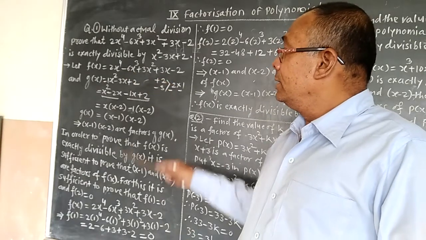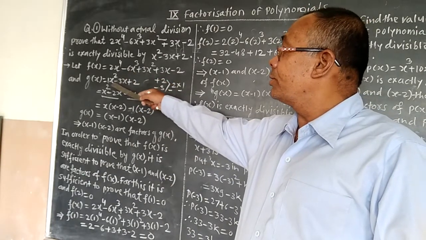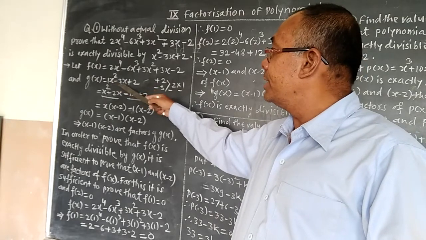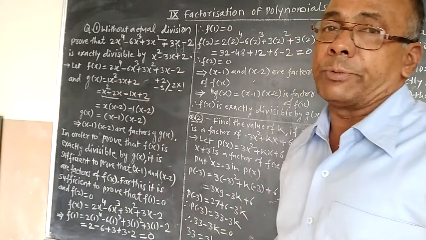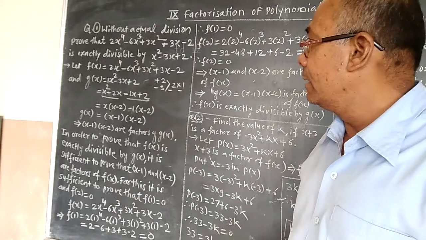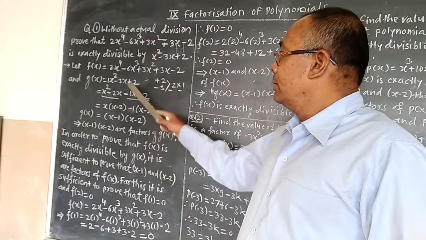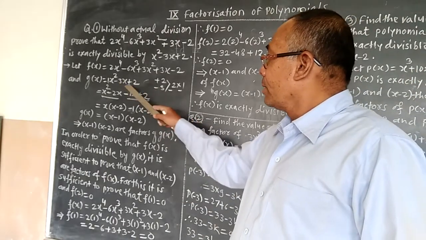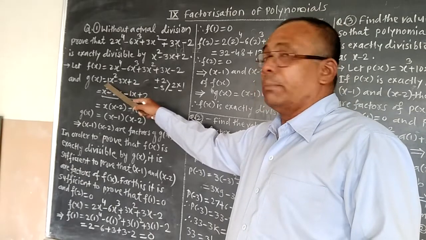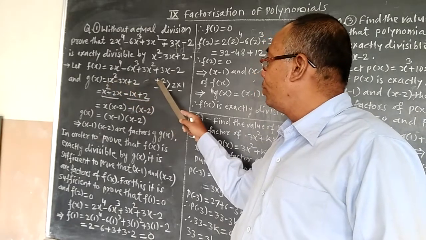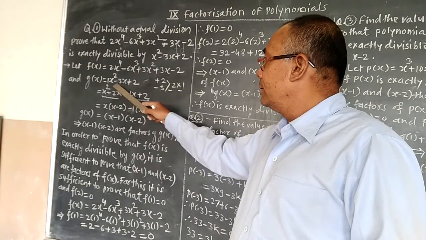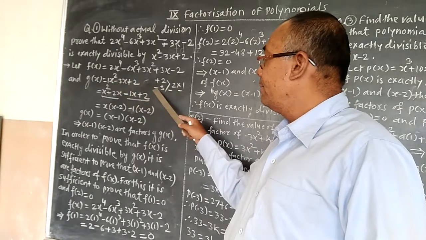But here, if we factorize, x² - 3x + 2 is a quadratic equation, or a quadratic polynomial. Now here, the coefficient of x is -3.